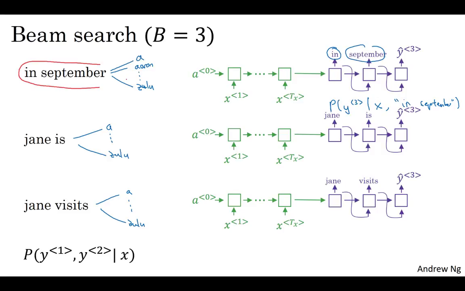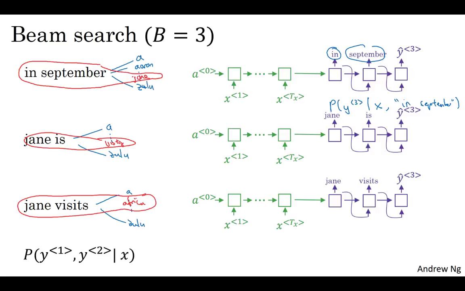Maybe it thinks in September Jane is a likely outcome, or Jane is visiting is likely, or maybe Jane visits Africa is likely for the first three words, and then it keeps going. And then you go on to the fourth step of beam search to add one more word, and on it goes.